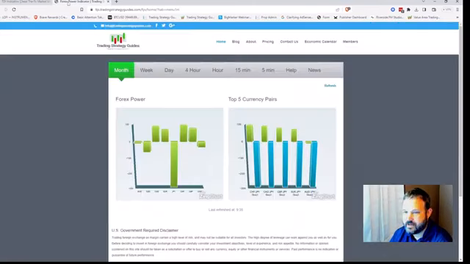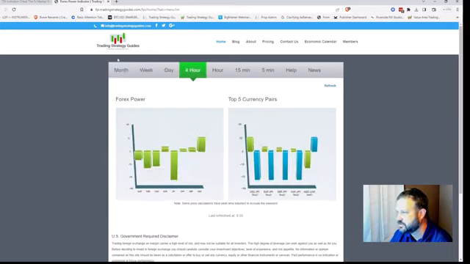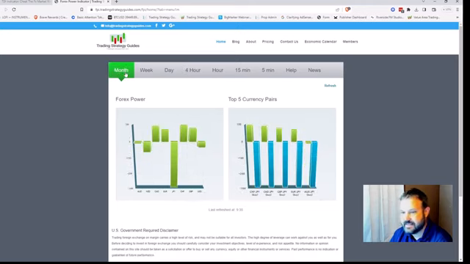Now here's the Forex power indicator, and you'll notice up here at the top there's the monthly tab, the weekly, daily, 4-hour, and so on. The monthly is the strongest currency pair and the weakest for the entire month. Something that's really interesting about the currency market that makes it unique is that you're trading two things against each other.